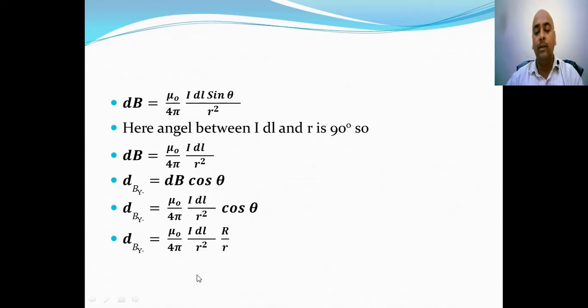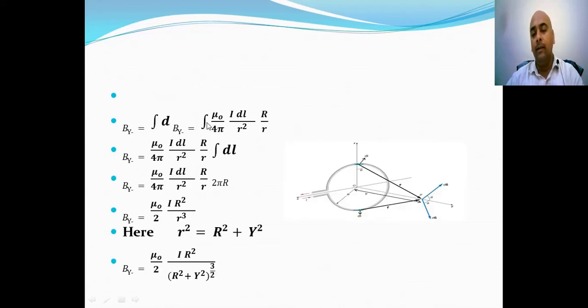So this is the magnitude of the magnetic field due to a small element dl, and in order to find the magnetic field due to the whole coil, we need to integrate this equation. Now in this equation, capital R as well as small r is fixed for a particular dl.